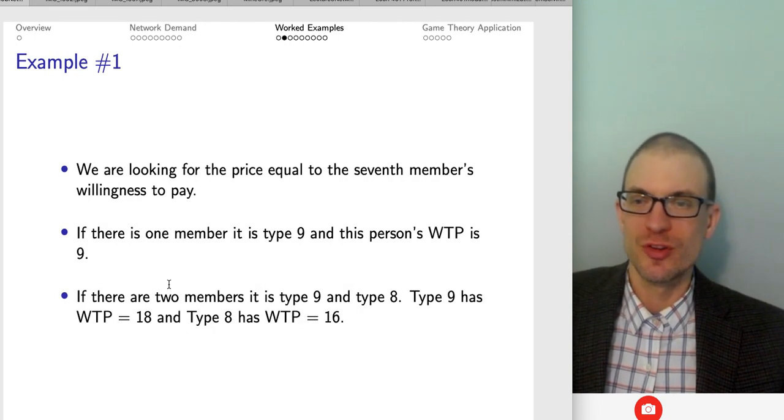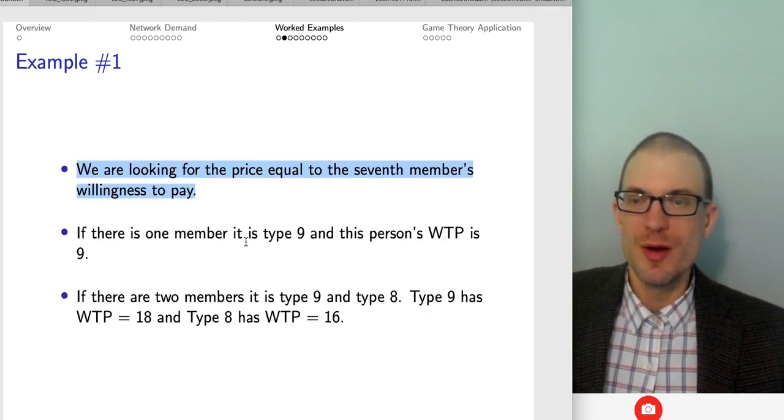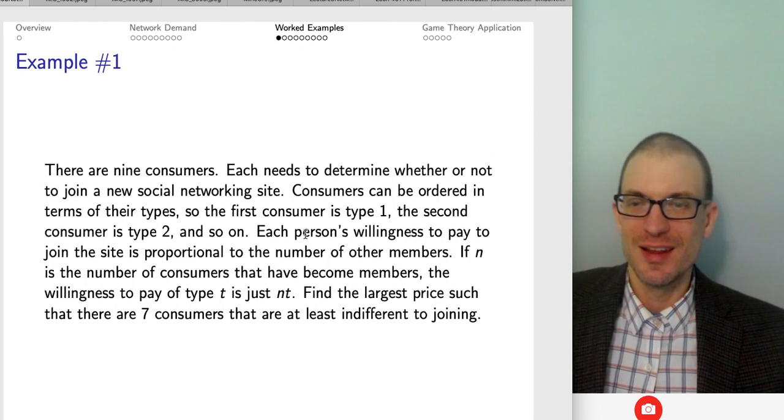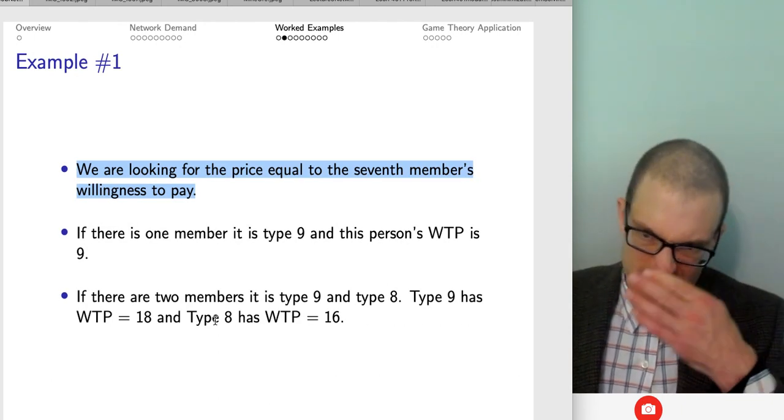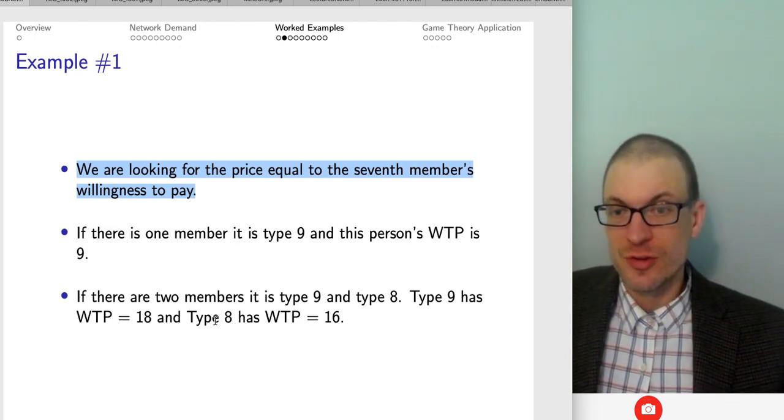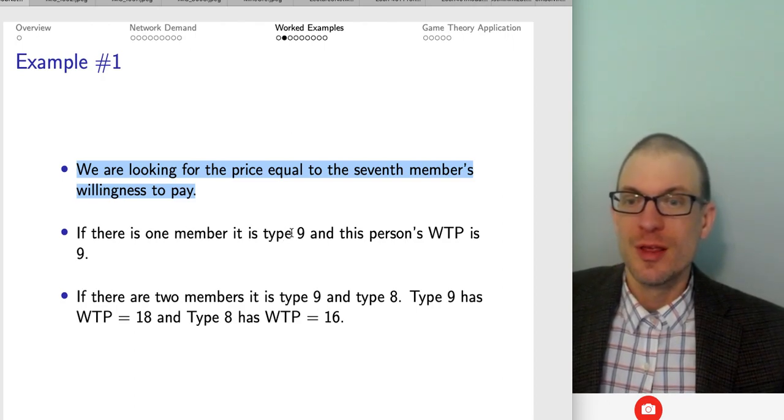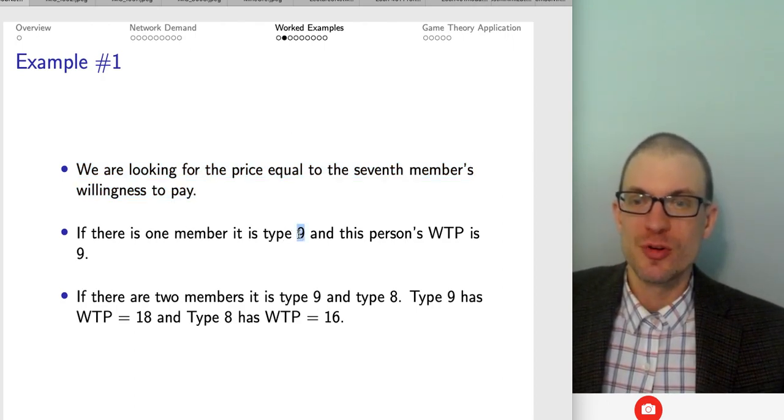All right, so it's a worked example, so I'll go right through the solution. We are looking for the price equal to the 7th member's willingness to pay. If there's 1 member, the person who will join will be the person of type 9. They have the highest willingness to pay.